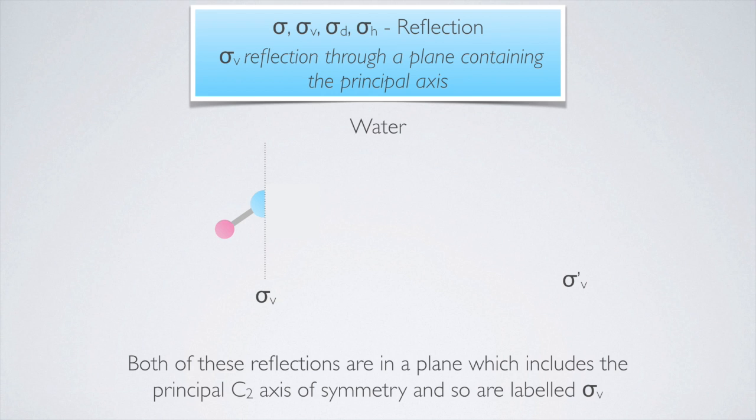On the left you've got half a water molecule that is reflected, and you see the other half, so there's a mirror down there including the principal axis, and that's labelled sigma V. There's also another mirror plane, also a sigma V, but to differentiate it from the first one we'll call it sigma dashed V, which is a mirror containing the three atoms of water, and the front half of each atom is simply reflected into the back half.